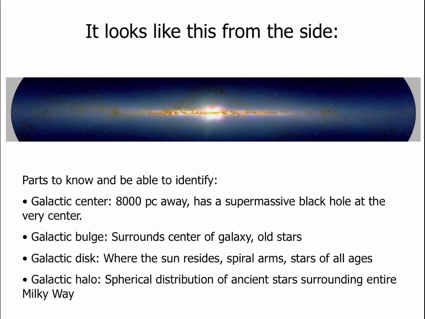The galactic disk, that's this pancake-shaped wheel of stars that orbits around the center of the galaxy, and the sun and all the spiral arms and stars of all ages, from the youngest stars in our galaxy to some fairly old ones, are part of this galactic disk. Finally, there's this tenuous galactic halo that's a spherical distribution of ancient stars and globular clusters that surrounds and permeates the Milky Way galaxy. So this completes our introduction to the Milky Way.